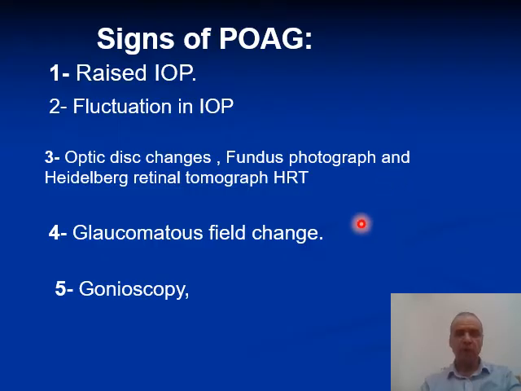And if you send those people for visual field assessment, usually there is a typical visual field defect, but the visual acuity is usually normal until advancement of the disease with severe optic nerve damage. Definitely, by gonioscopy, whether by objective or subjective examination, the angle is open.